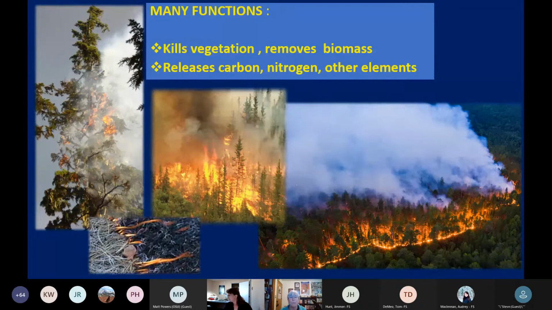And that biomass can be anywhere from the forest floor as the fire is consuming litter and duff, to the tops of crowns as fire is consuming needles and fine fuels. Fire also, as it's burning, volatilizes carbon, nitrogen, and other elements into the atmosphere.